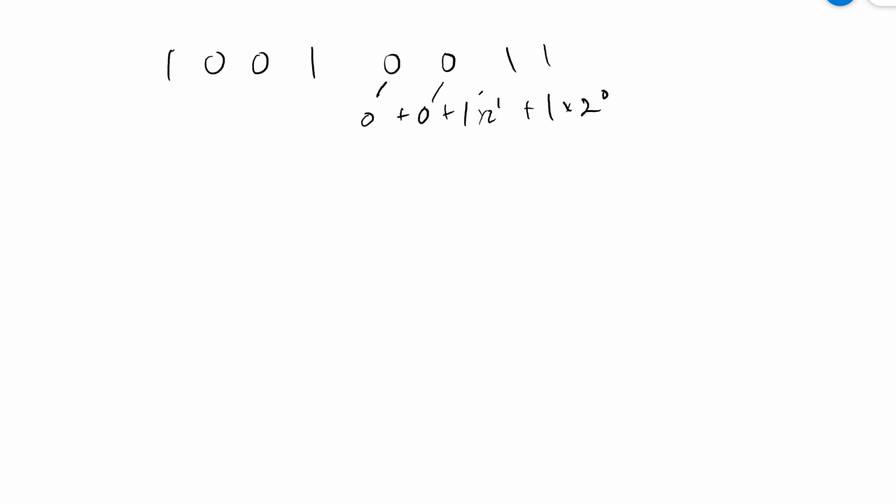These are the numbers from here. 2 to the second, 2 to the third, 2 to the fourth, plus 0 plus 0 plus 2 to the 7 times 1. And if you add all these up, it should equal 147.